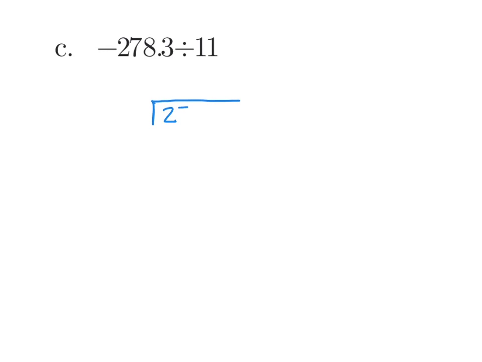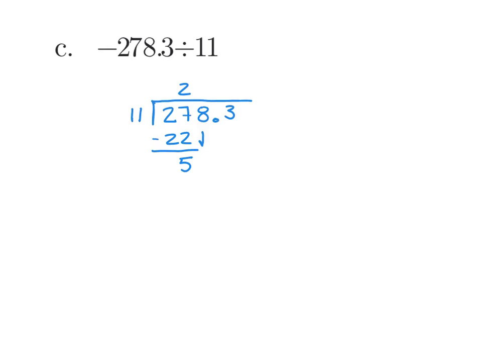Inside, I have 278.3. I'm going to divide by 11. So what's the first number that I can divide 11 into? That'll be the 27. 11 goes into 27 2 times. 2 times 11 is 22. Subtract, we get 5.